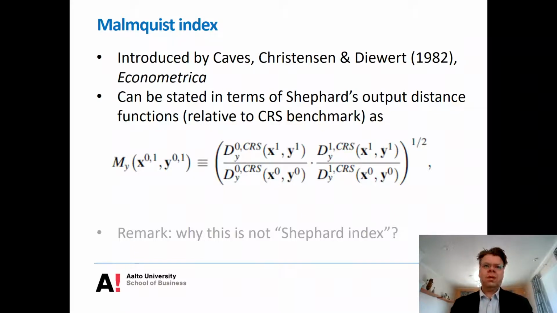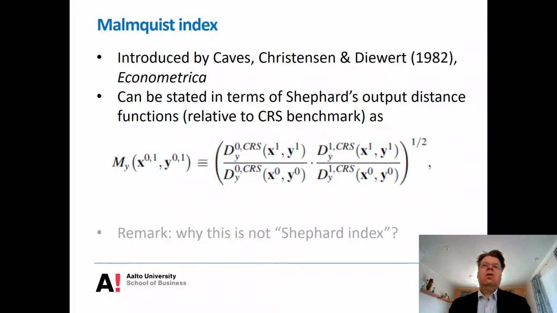So similar to the shadow price Fisher index, the Malmquist index also uses the distance functions to measure productivity. So these distance functions D are in the same way the output-oriented radial distance functions that were used in the previous example.